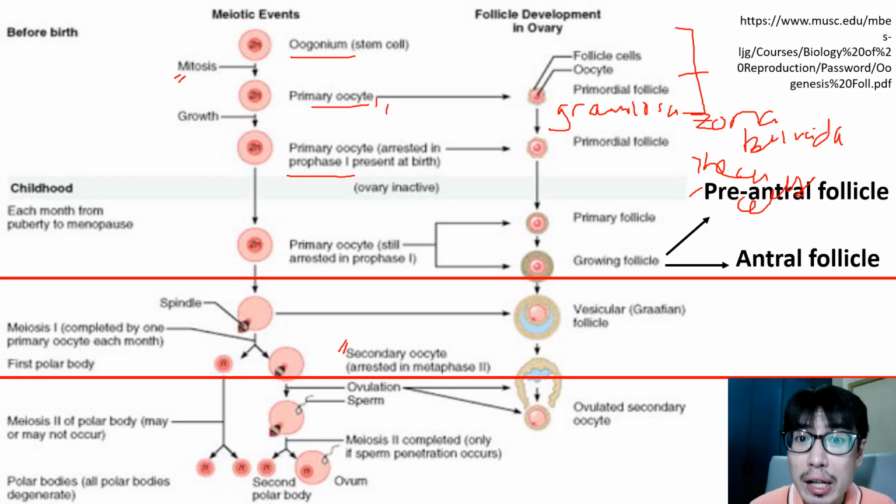The other daughter cell, the first polar body, is very small and non-functional. It will eventually degenerate.